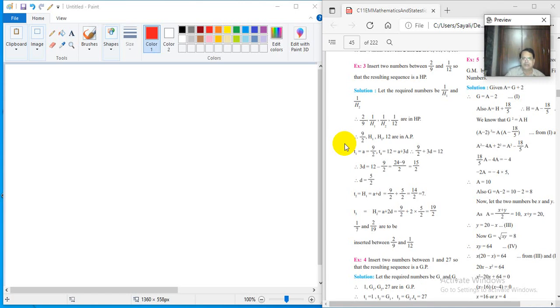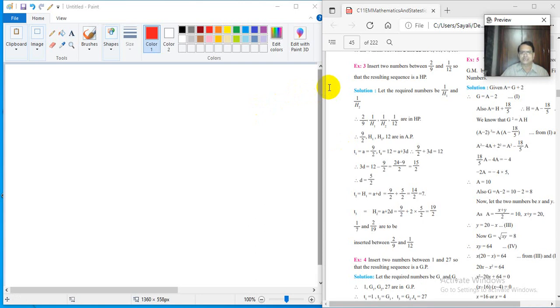Now, in the previous lecture we were discussing how to insert four terms between two given terms so that all the resulting terms are in arithmetic progression. Similar problems can be asked.